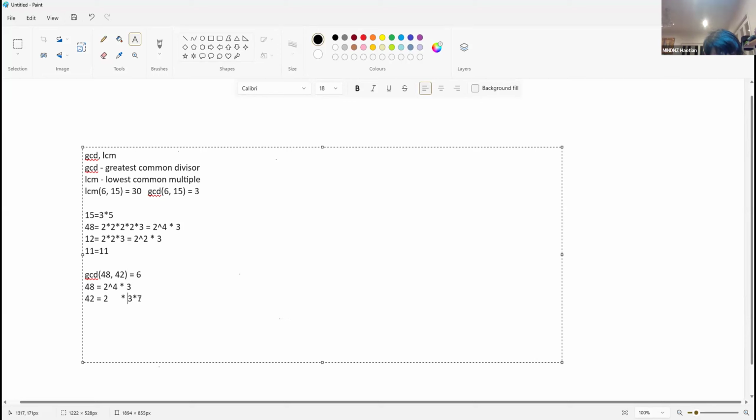So if we format it like this, and then we also know that 6 is equal to 2 times 3. And just to help you guys even more, we have this.